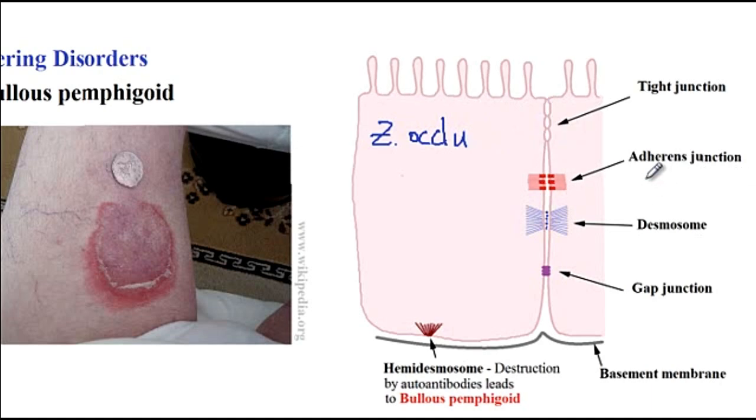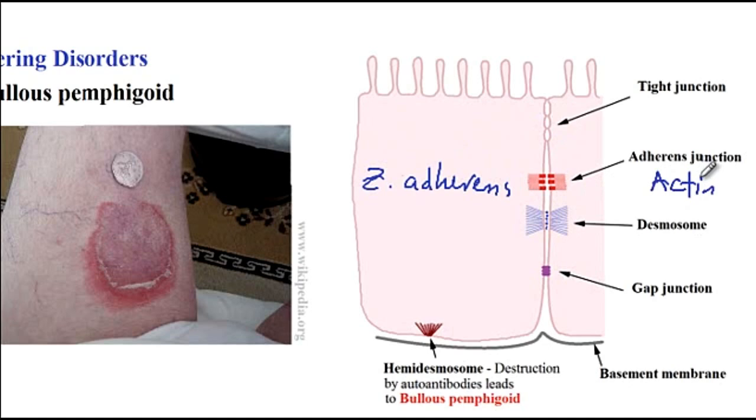The next junction is the adherens junction, the other name for which is zona adherens. These junctions are made of E-cadherin as well as actin filaments, and their function is to join actin bundles in two adjacent cells. Next we have desmosomes, the other name for which is macula adherens.